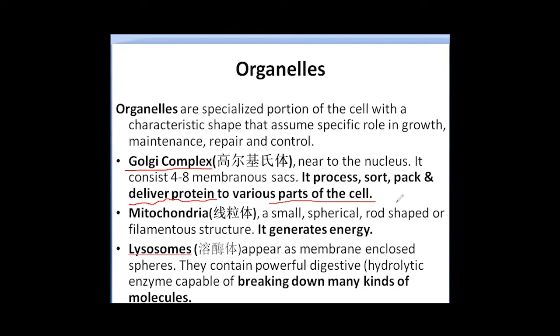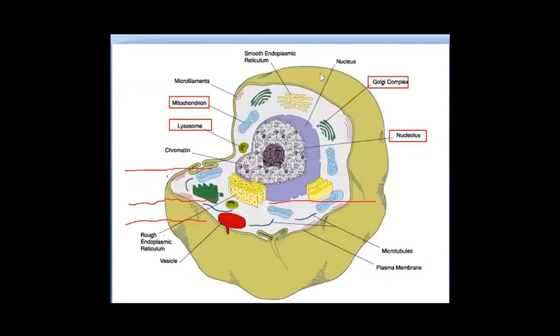We have another one, a pretty bigger one, a little bit bigger compared with others. We can go to a picture first. So we say Golgi complex, just like this. It's not only one. We have a few of them.